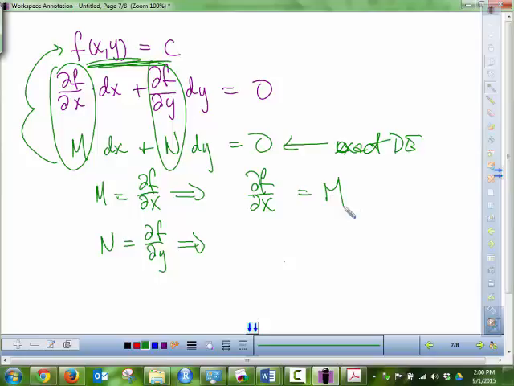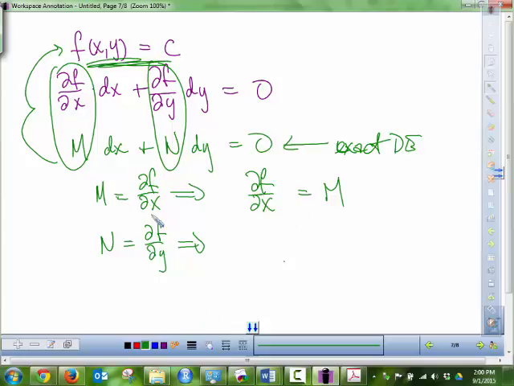X. So the check for exact was already done. So let's say we know now that this is an exact differential equation. And so now we want to obtain our original f.